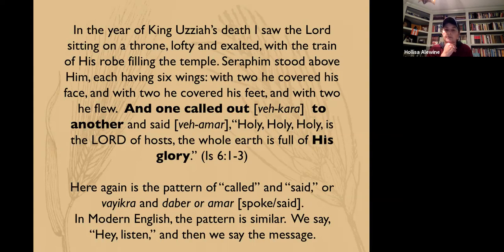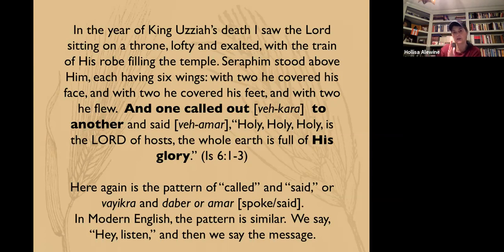Now watch the words here. If you've got an interlinear or a Tanakh in Hebrew, you can look at it in the Hebrew. It says, and one called out, Vayikra. All right, in Vayikra, you can hear Vayikra. One called out, Vayikra, to another and said, Ve'amar.